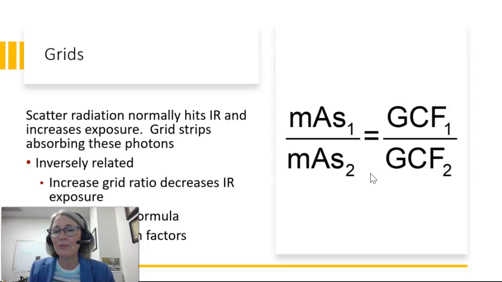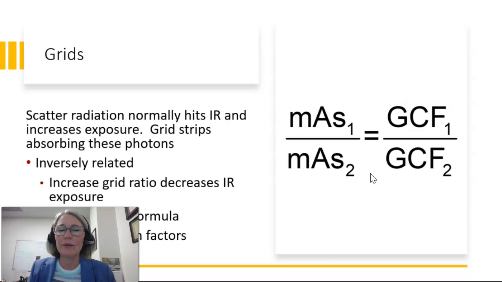We talked about grids, and we talked about how if you have a 5-to-1, 6-to-1, 8-to-1, 10-to-1, 12-to-1 grid, and what those grid conversion factors are. If you have an 8-to-1, your grid conversion factor is typically a 4, so you can plug in the numbers. A 12-to-1, remember, it's, now my mind is going blank, a 5, 6.